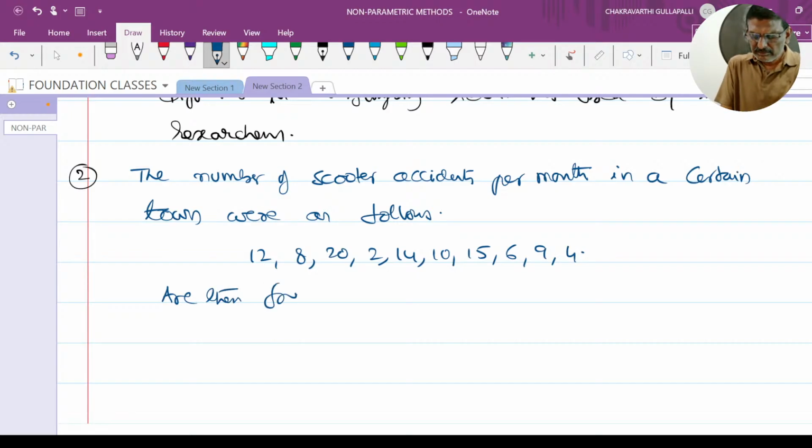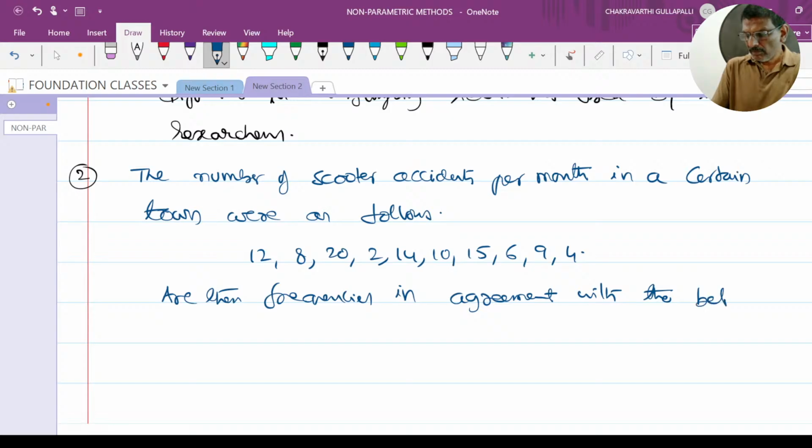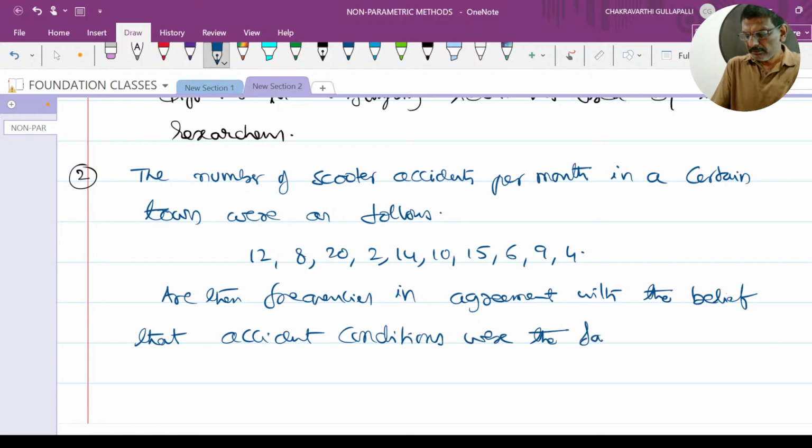Are these frequencies in agreement with the belief that accident conditions were the same during this 10-month period?